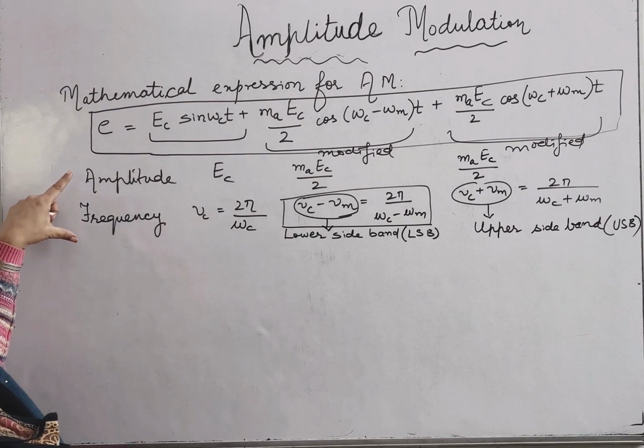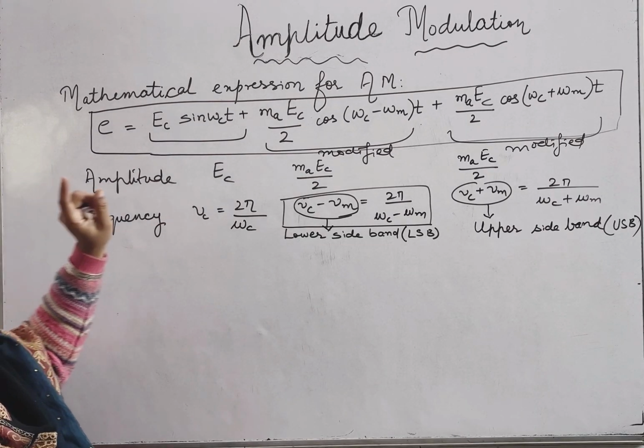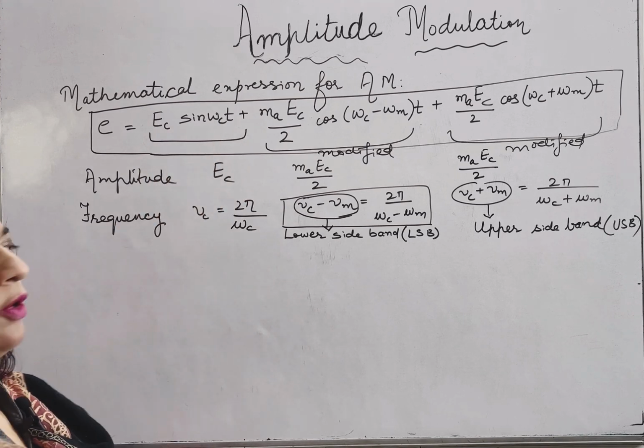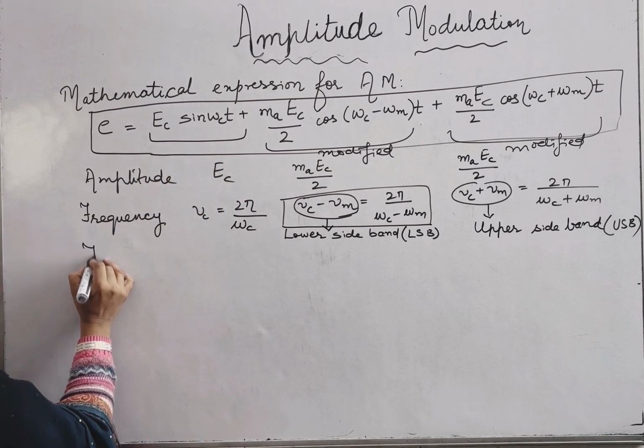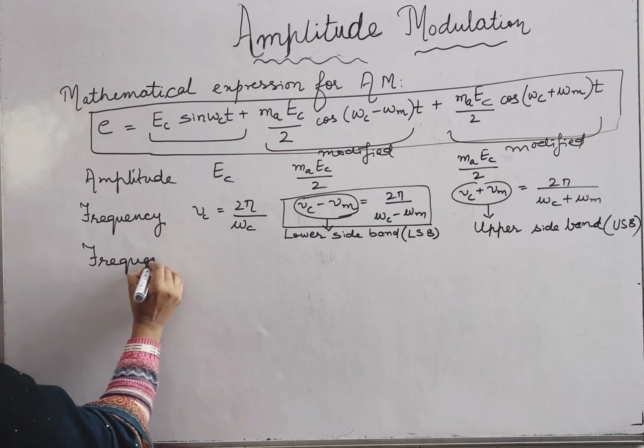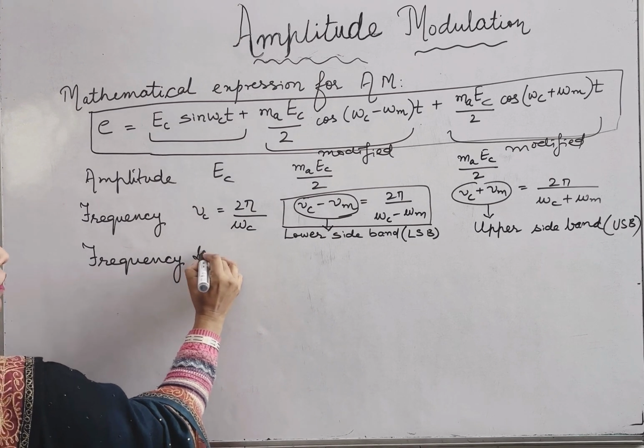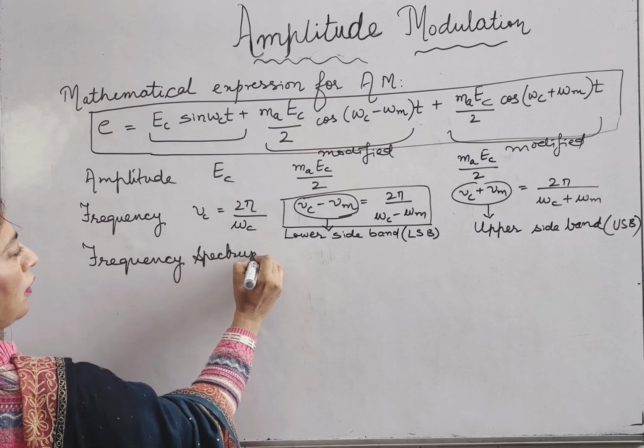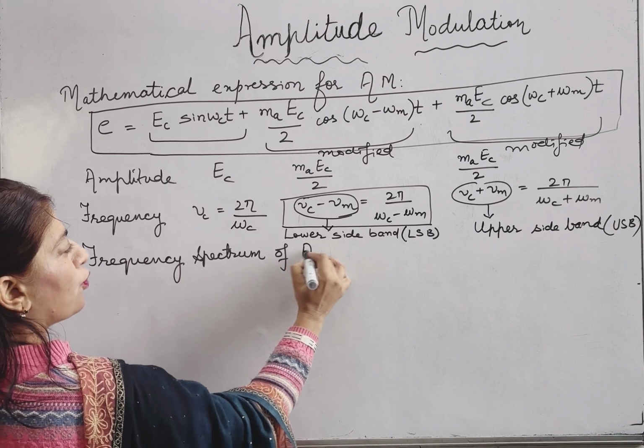Now, knowing the amplitude and the frequency of the amplitude modulated wave, we can plot the frequency spectrum of the amplitude modulated wave.